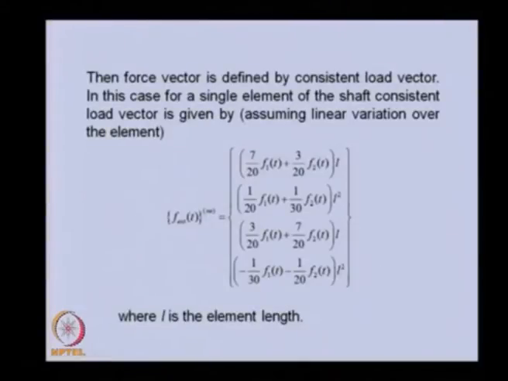We assume that the shaft was having an unbalance variation something like this, and when we take the elements, we assume that in between the element the variation of the eccentricity is linear, and the amplitude of that particular eccentricity at the two ends of the element is known, which are F1 and F2. Based on the linear variation we could get the consistent force factor.